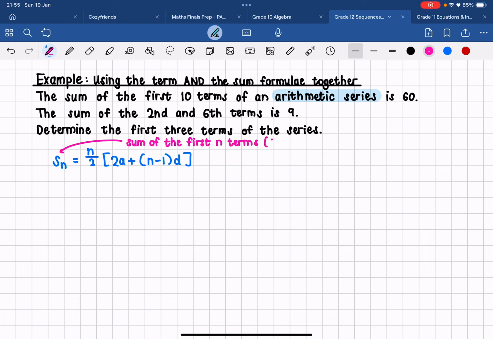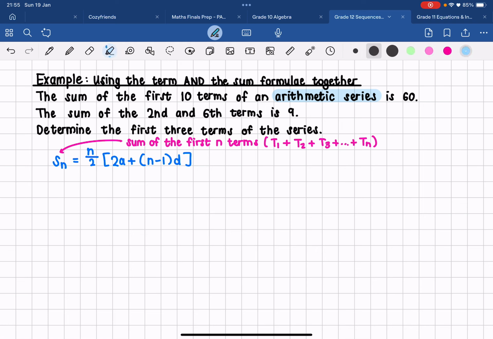And then we wrote down that this means we are taking term 1 plus term 2 plus term 3. So we're adding from term 1 all of the terms that are consecutive, and then the last term that we're adding is the nth term. That is what we are going to use this formula for.